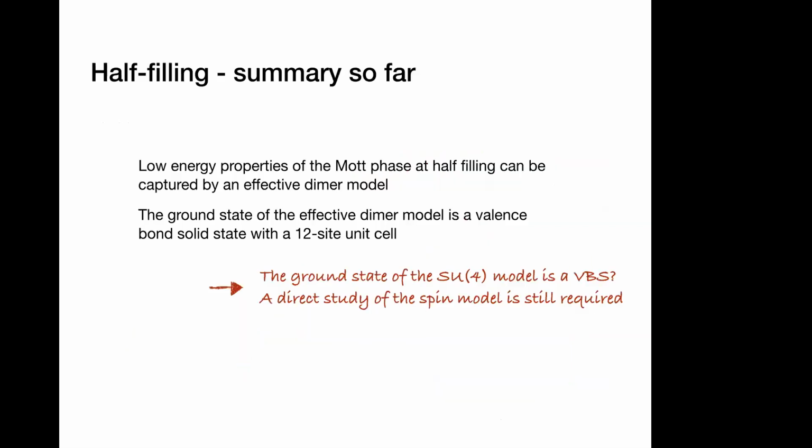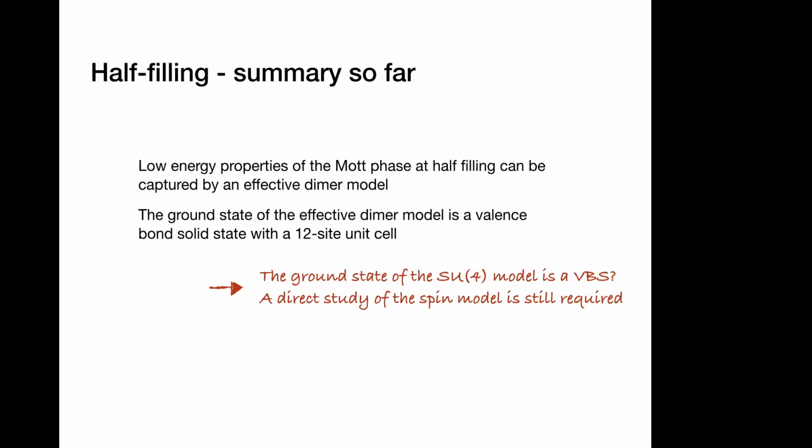Okay, so to summarize so far, I tried to convince you that in the SU4 case, the low energy description we believe could be just in terms of the nearest neighbor singlet coverings, and the projection onto this space and the study of the projected problem suggests that the ground state is a 12-site unit cell valence bond solid.